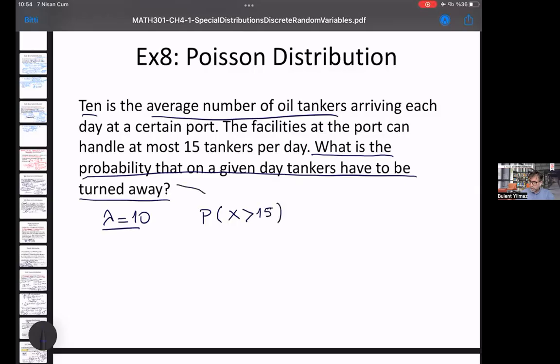That's the question. The probability of the number of oil tankers being more than 15, because they can only handle 15 tankers per day. So doesn't it mean 1 minus the probability of x less than or equal to 15?